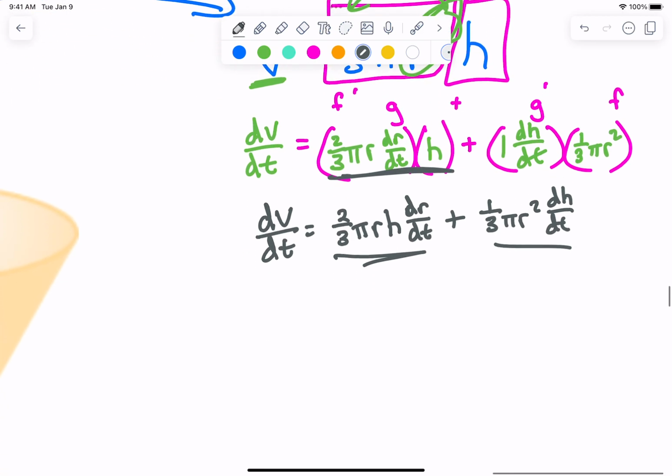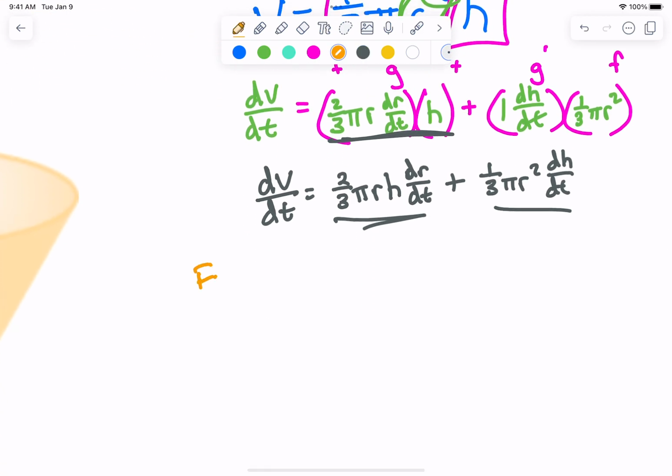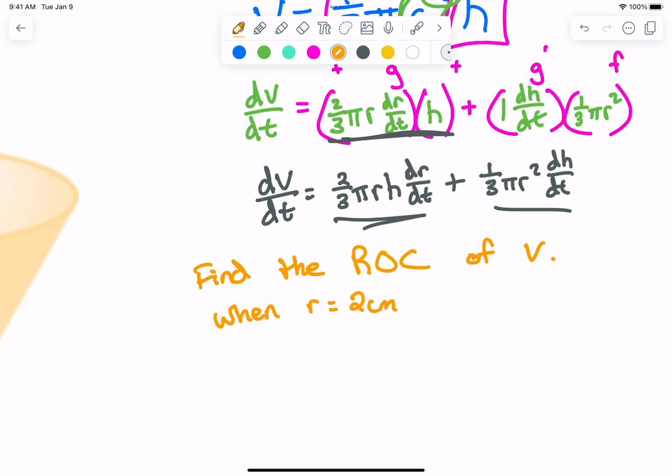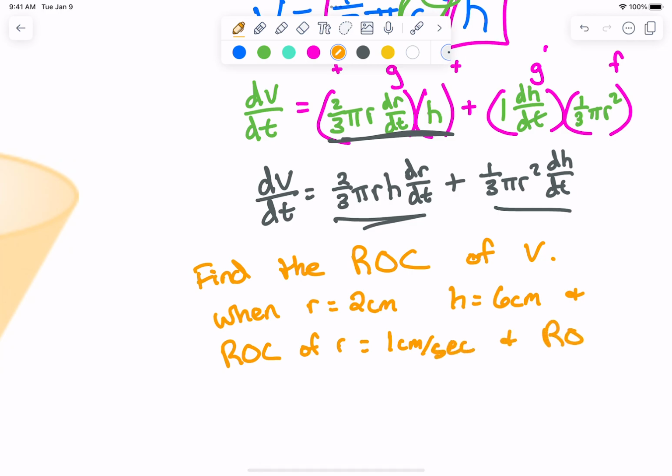And they will say, find the rate of change of the volume when r equals 2 centimeters, the height h equals 6 centimeters, and the rate of change of r equals 1 centimeter per second, and the rate of change of the height equals 2 centimeters per second.